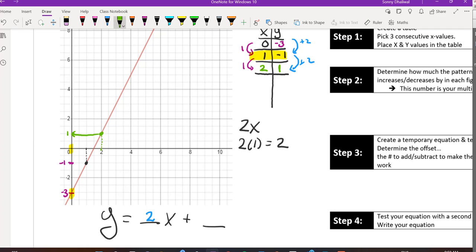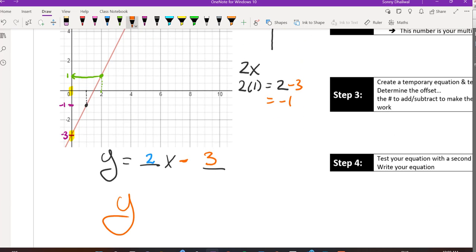But it should have been negative 1. So you need minus 3. Thank you. We have to subtract 3 to get the negative 1. So it's not a plus sign here, it's a minus sign. So our equation is y equals 2x minus 3.